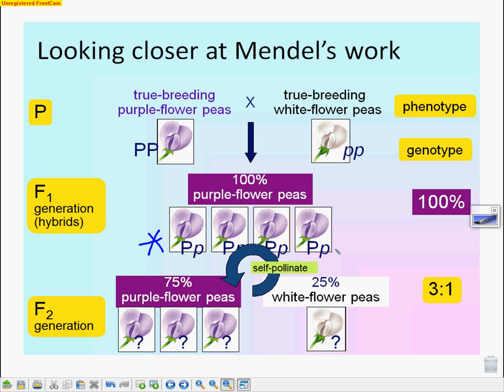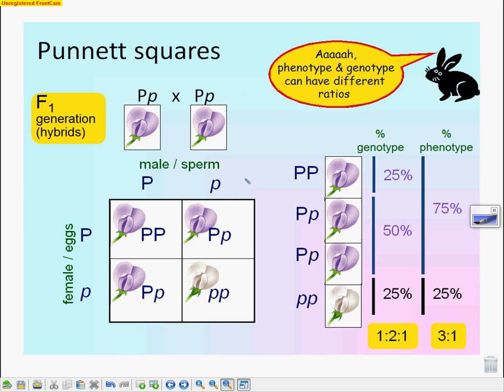So how do we use what we know happening here, being that we have the same genotypes, to figure out the genotypes down here in the next generation? And that's where we get to using something called a Punnett Square. What a Punnett Square allows us to do is to separate what genes a male parent versus a female parent can give, and this shows us all the possible combinations.